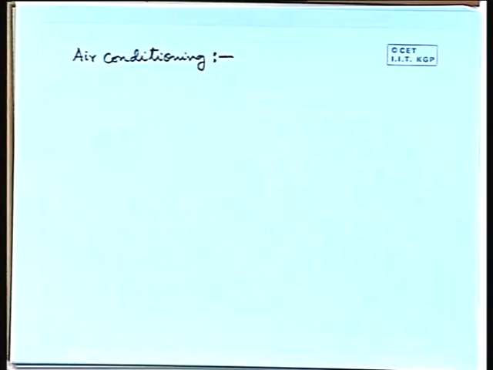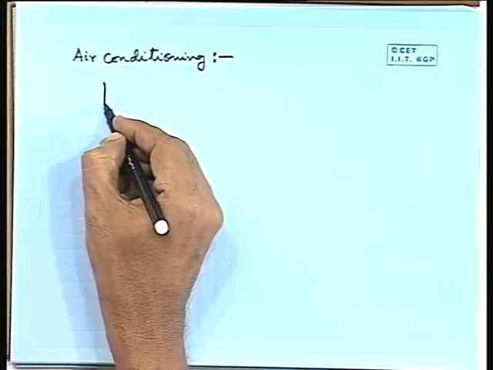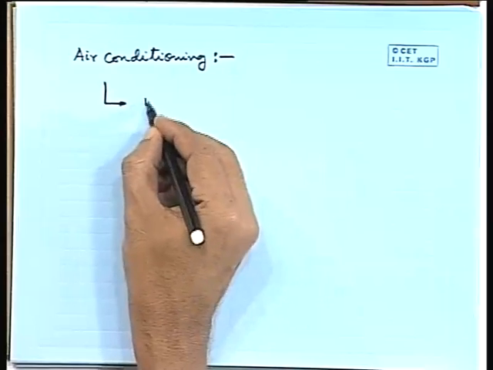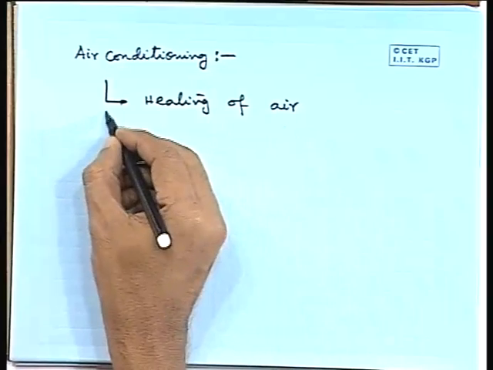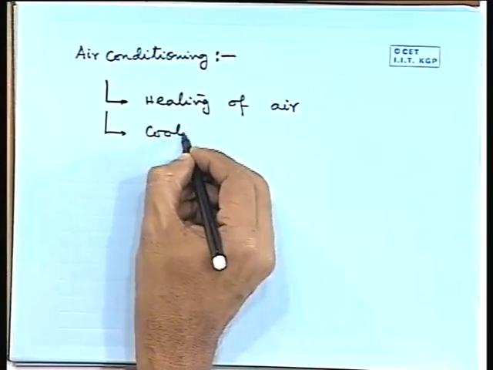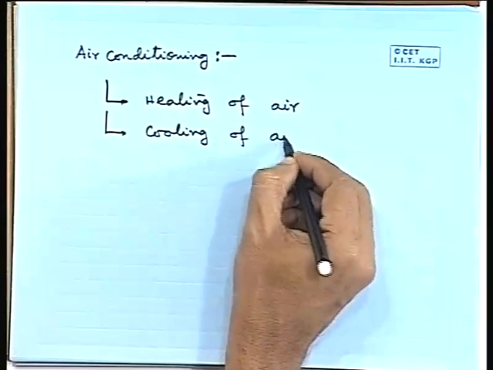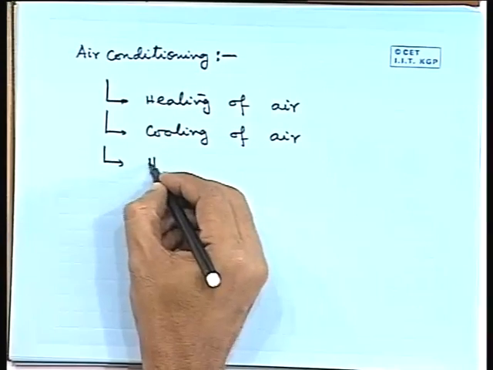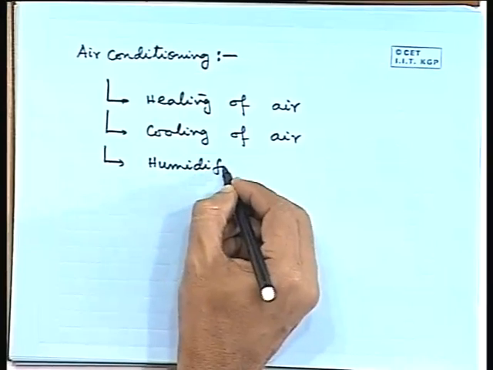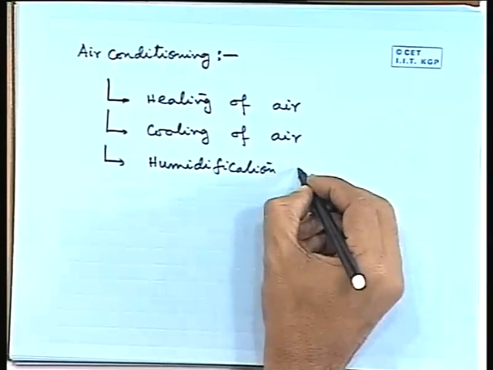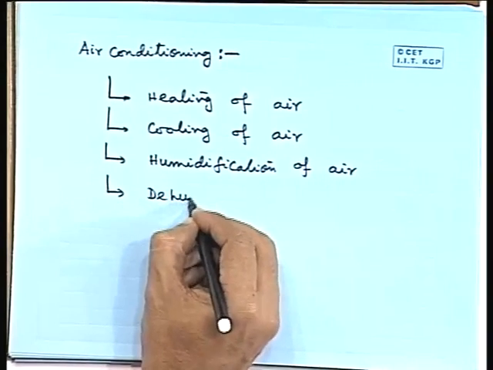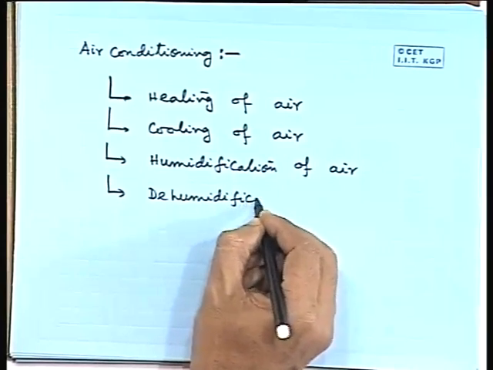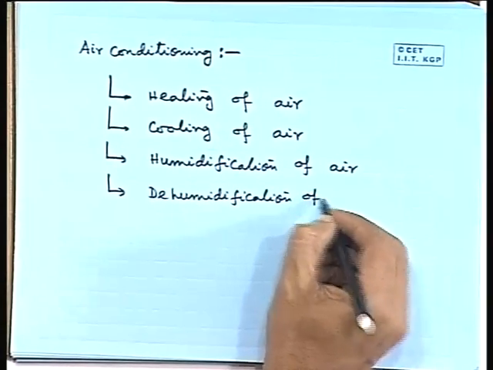But in air conditioning, we have to deal with the conditioning of air, which generally deals with these functions: heating of air, cooling of air, humidification of air, dehumidification of air.